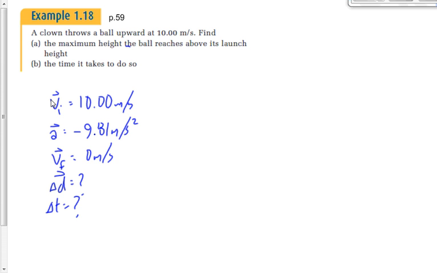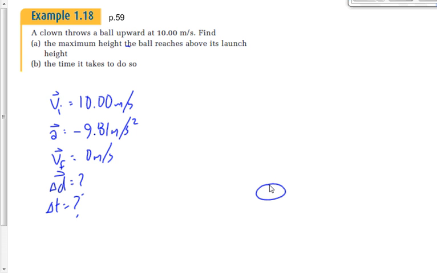Here's why. The event of throwing the ball is one problem. That's something happening. And then as the ball goes up into the air and rises and slows down and stops, that's another problem. That's a different problem. So really you got two problems there.